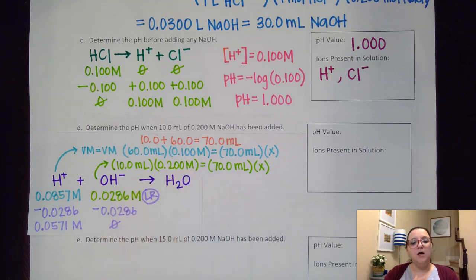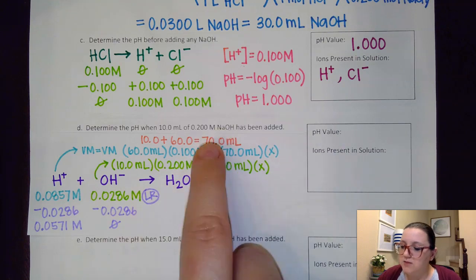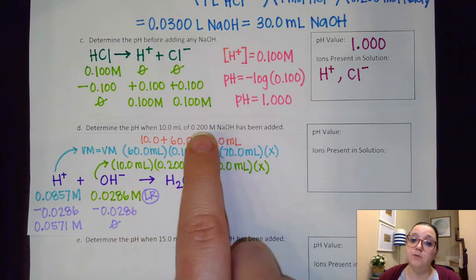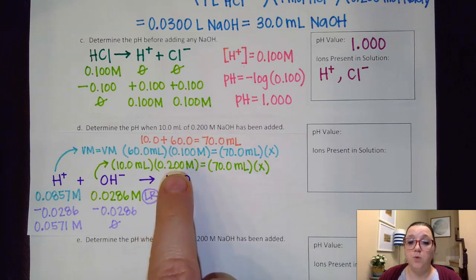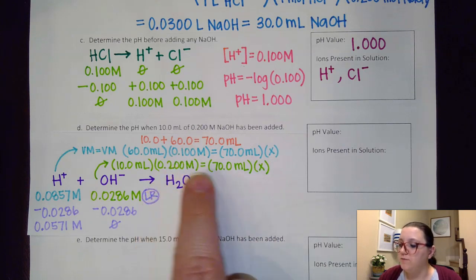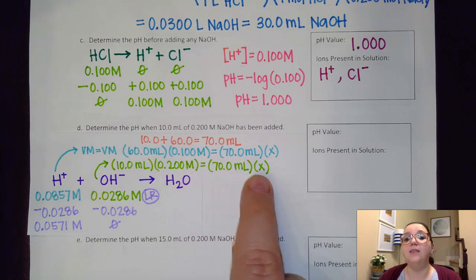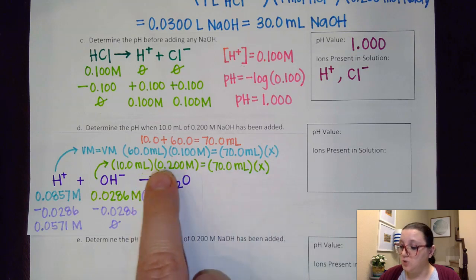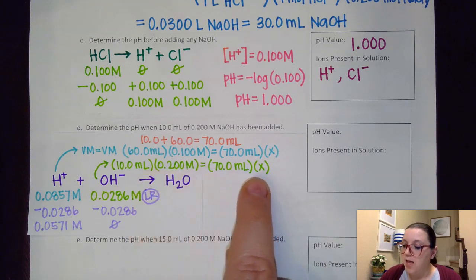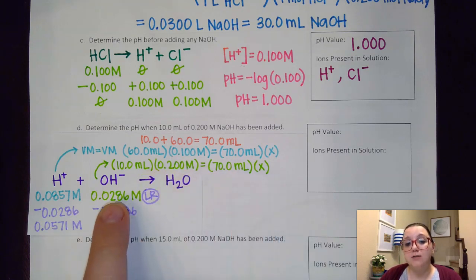Remember, we did that when we did our strong acid and base calculations. If this releases 2 hydroxides, then this molarity gets doubled. So the only reason that this was the same is because it was a 1-to-1 ratio. However, I want to figure out what the molarity would be at the new 70 milliliter total. And so again, I do a VUM calculation, and that gets me a new hydroxide concentration of 0.0286 molarity.